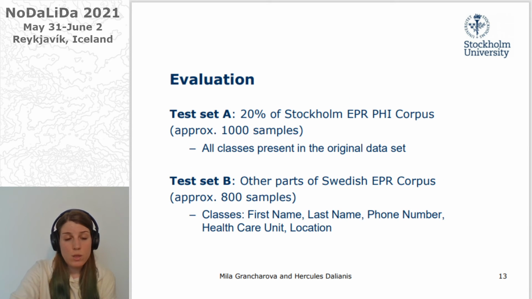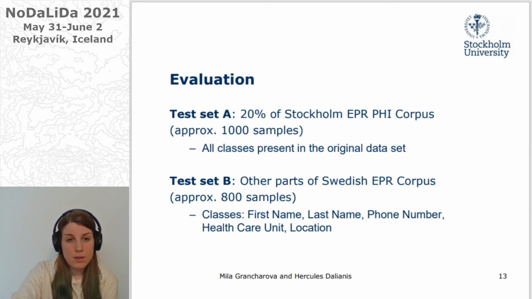For evaluation, we used two test sets. Test set A is the remaining 20% of the Stockholm EPR PHI corpus. The second test set, B, contains other parts of the same database that have also been annotated, but these patient records are in slightly different medical domains than those present in the Stockholm EPR PHI corpus.